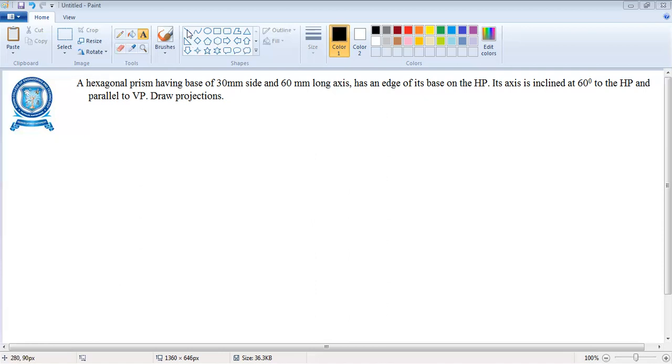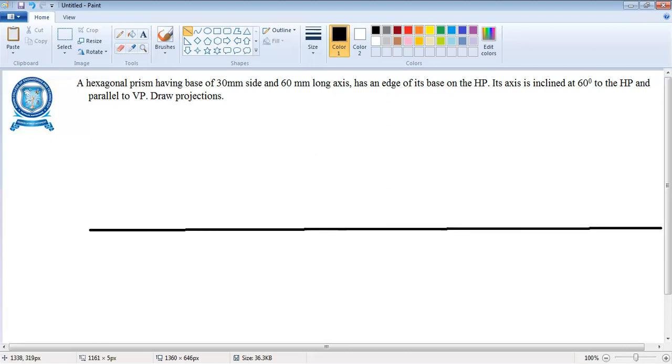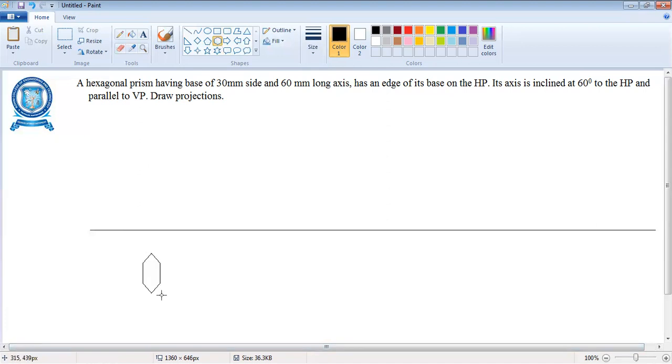So first of all, we have to draw the true shape of the basic position of a hexagonal prism resting on HP with its base edge.